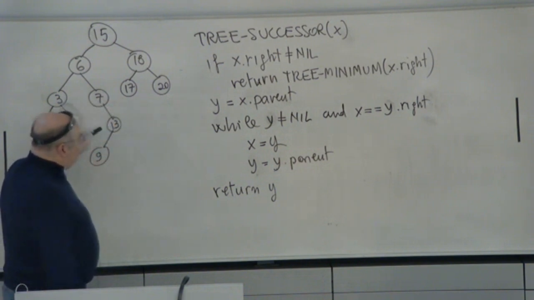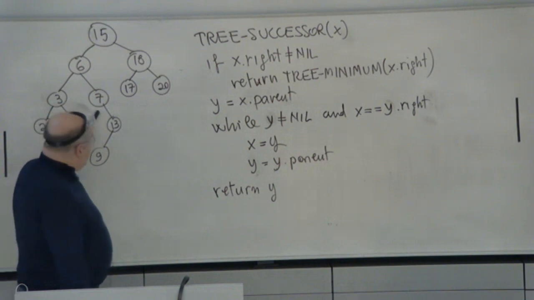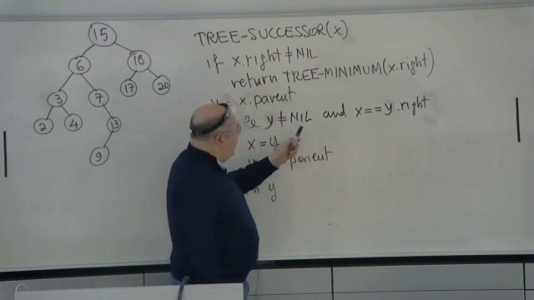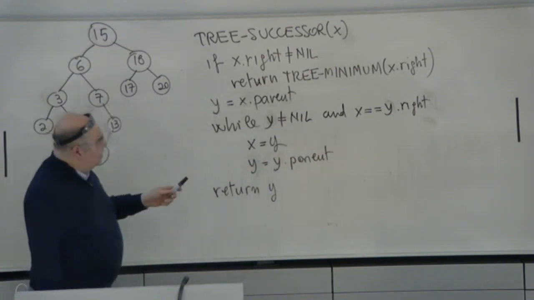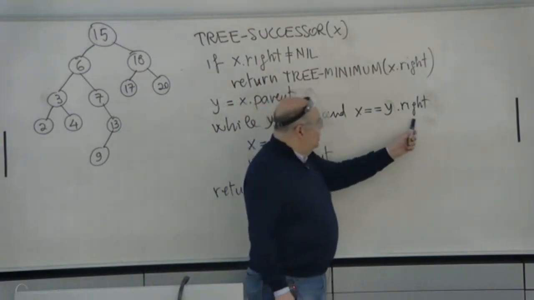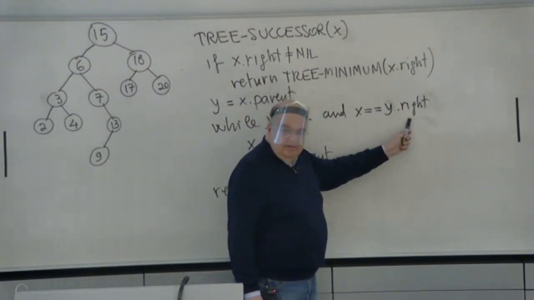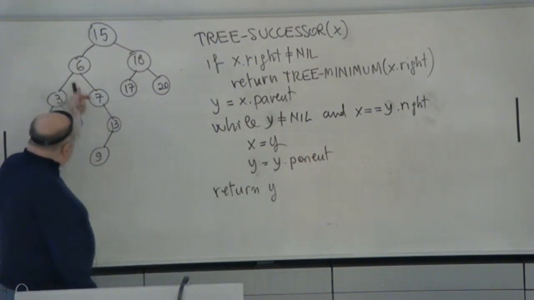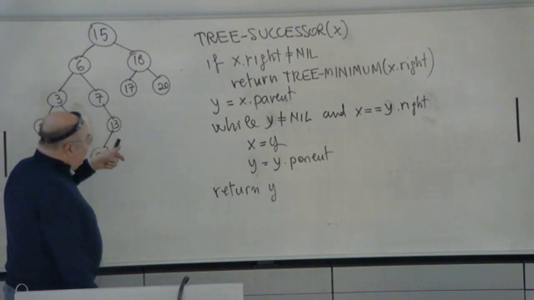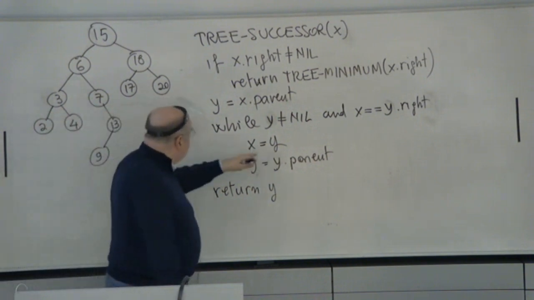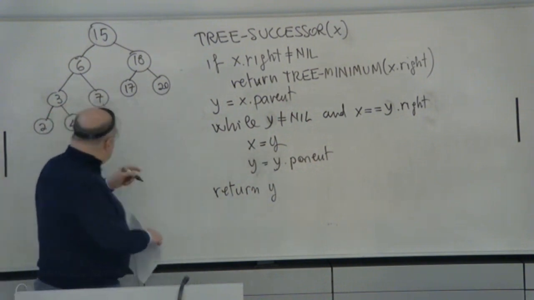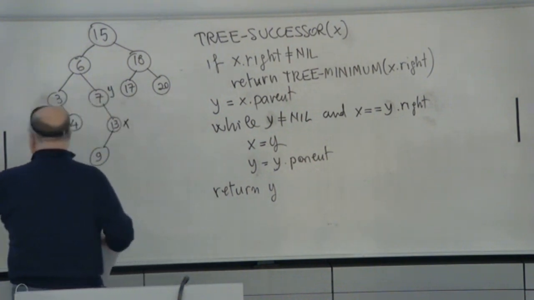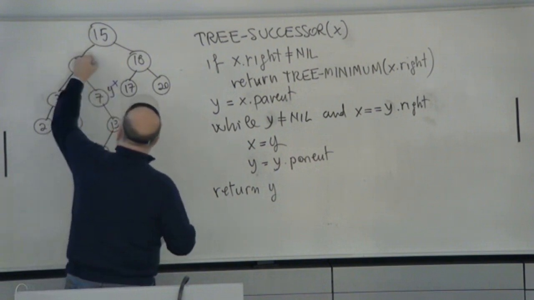So y is now the parent of 13, which is 7. This is a node, and x is actually the right child of y. Exactly the case. So we then move up, and we set x equal to y. So before, x was this and y was this, and now x is this and y is this.